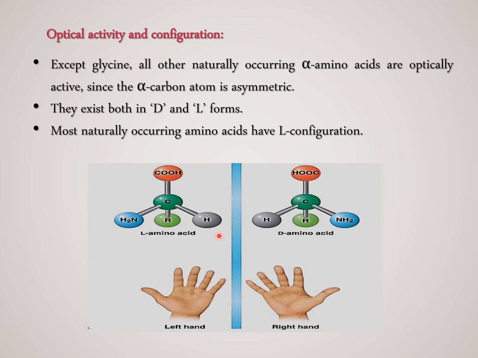This configuration is called L amino acid, and the mirror image will be D amino acid. Just as the left hand's mirror image is the right hand, which is inverted, L amino acid's mirror image will also be an inverted structure. But we find all the amino acids which occur in nature to have which configuration? L configuration.